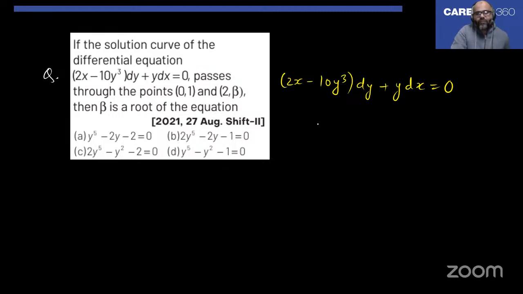So here, if you change it into the form of dy by dx, that won't be linear.